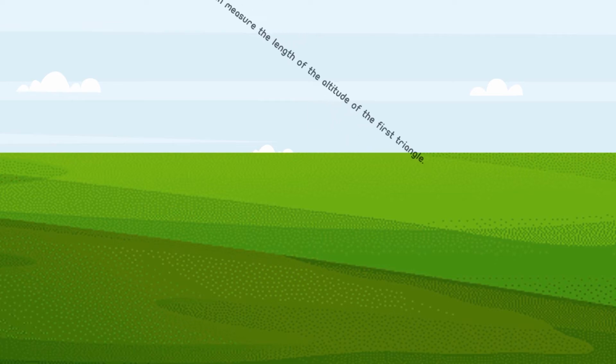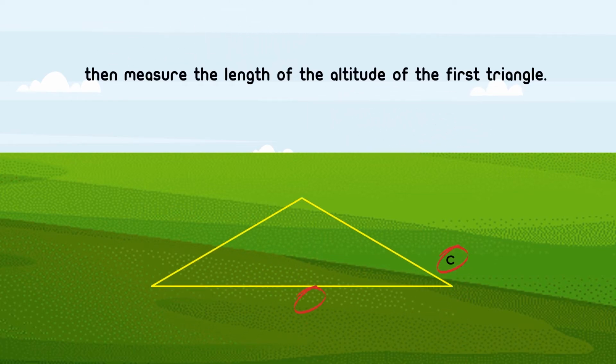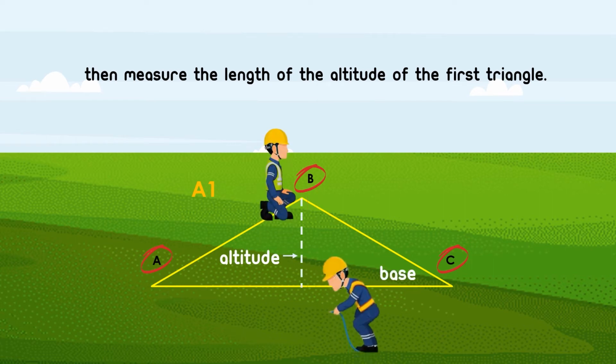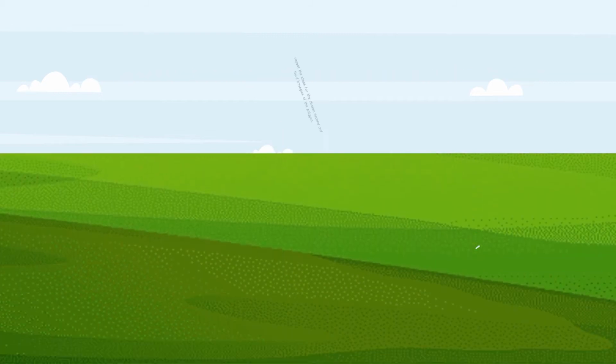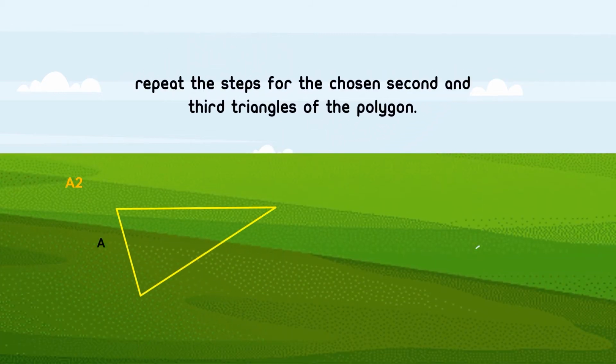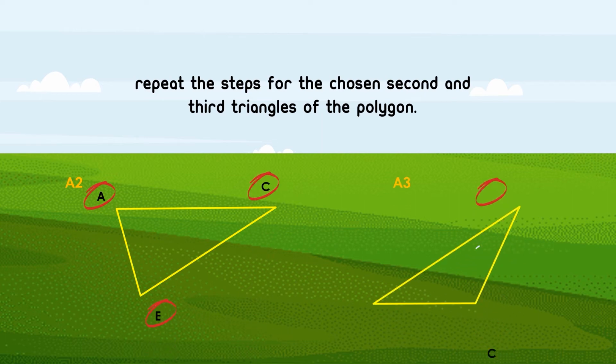And for the 5th step, measure the length of the altitude of the first triangle. Step number 6. Repeat these steps for the chosen 2nd and the 3rd triangles of the polygon.